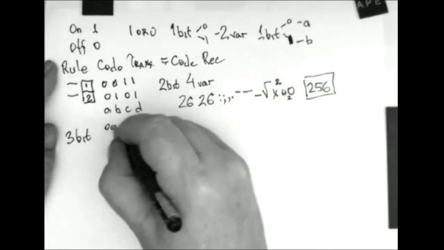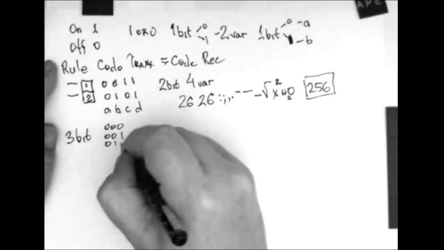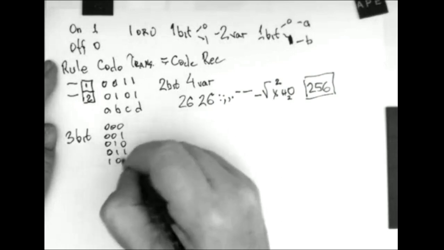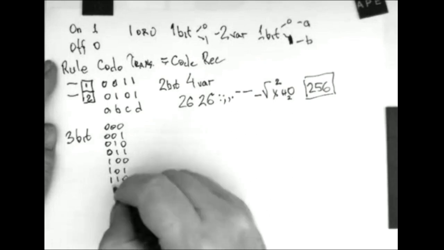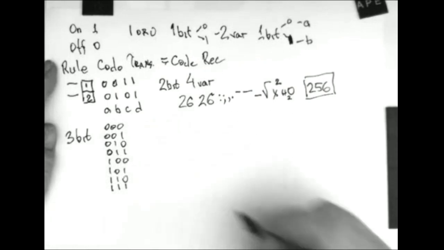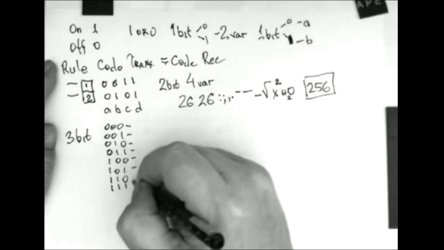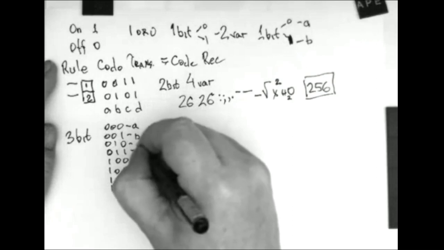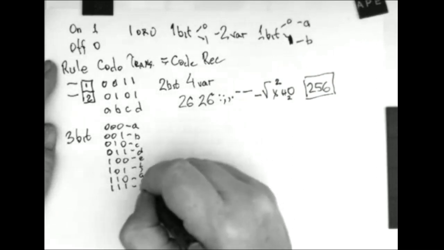Let's see. 0, 0, 0, 0, 0, 1, 0, 1, 0, 0, 1, 1, 1, 0, 0, 1, 0, 1, 1, 1, 0, and 1, 1, 1. How many letters can I encode with this? 8. But it's not enough.